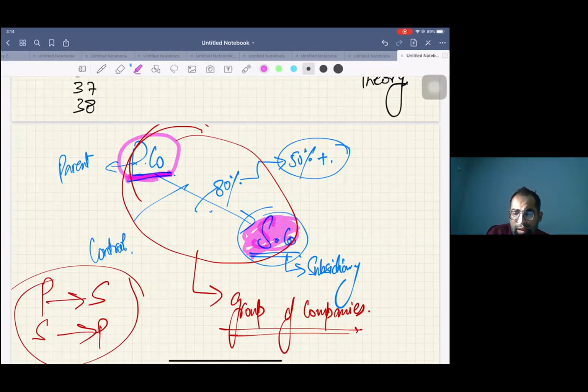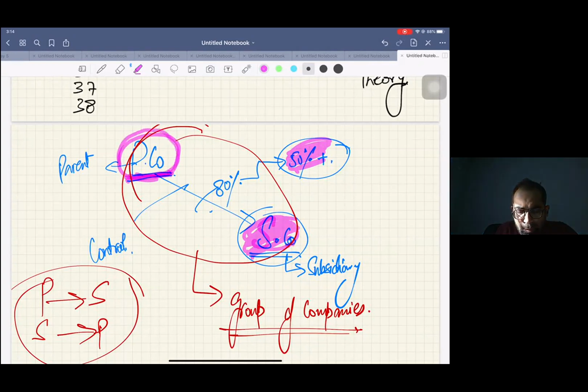When one company acquires 50% plus ordinary shares of another company, that means that company gets the control of another company. So now parent company has taken over the control of S company.